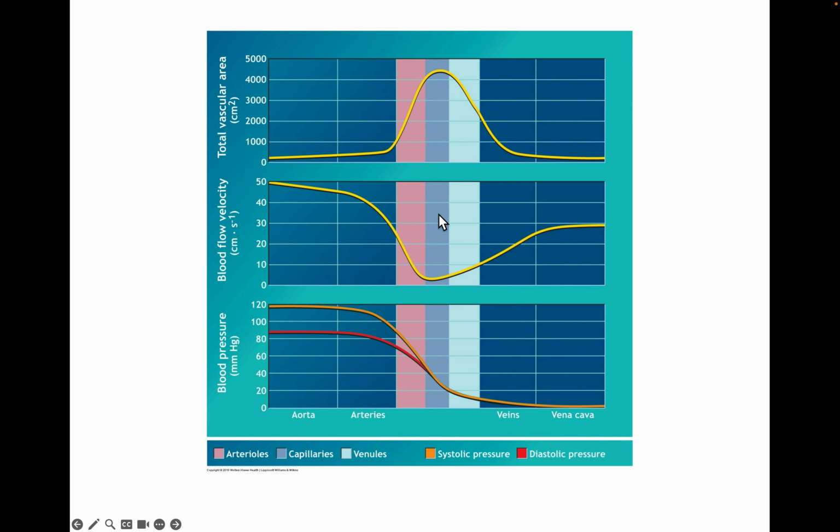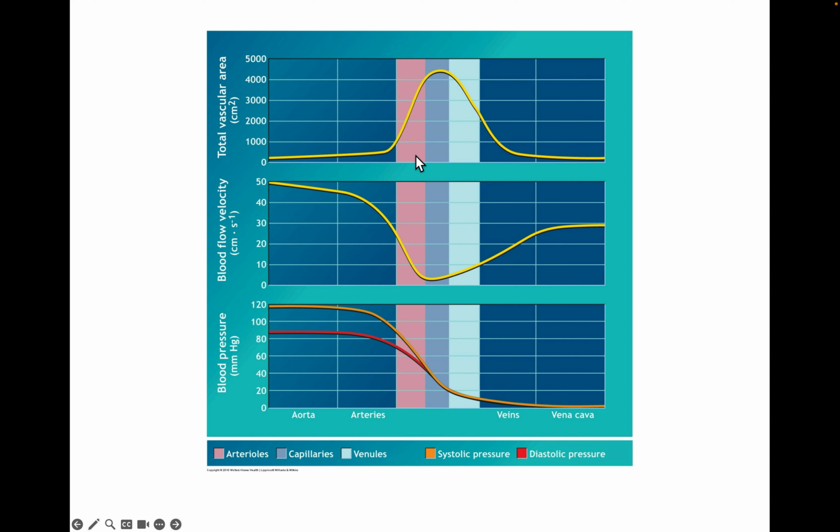Number one, let's take a look at the total vascular area, essentially how much blood is in your blood vessels at this particular given time. And what you'll notice here is capillaries contain a lot more blood compared to your arteries.